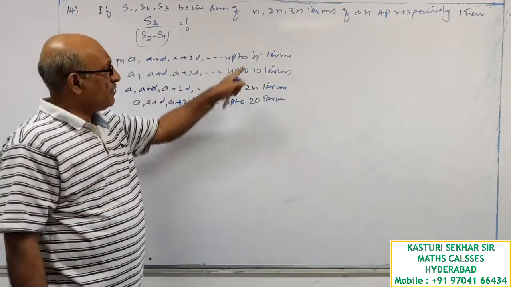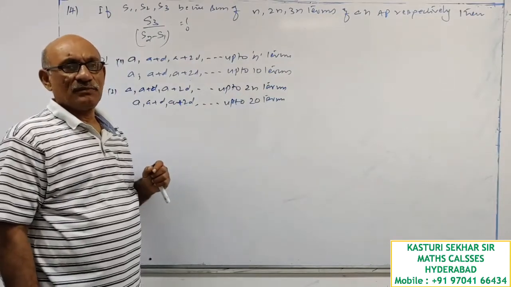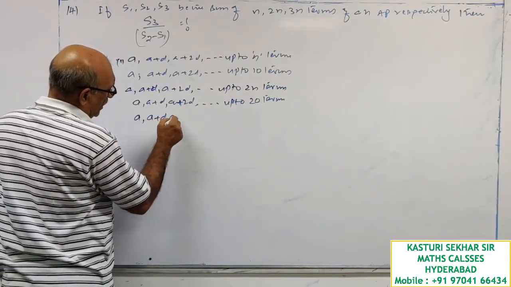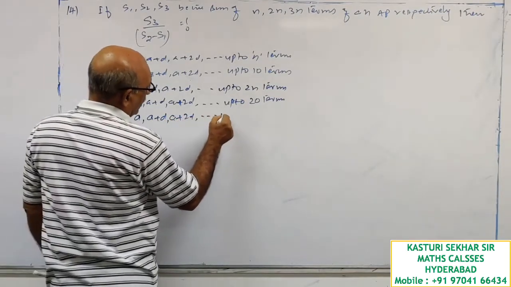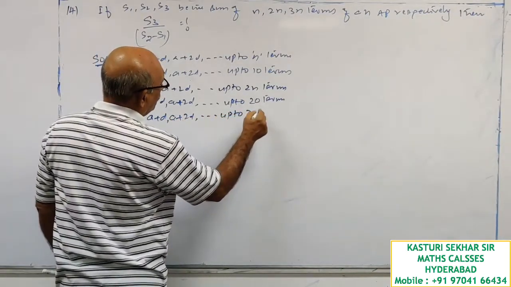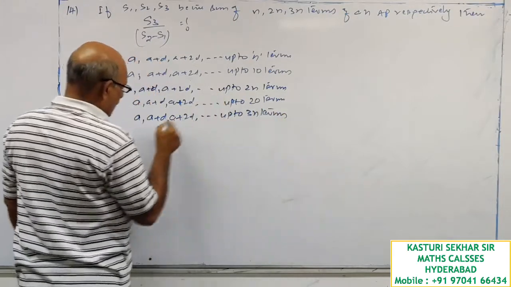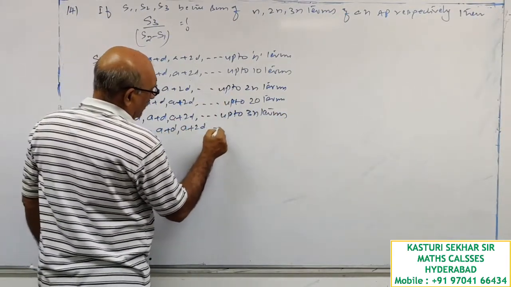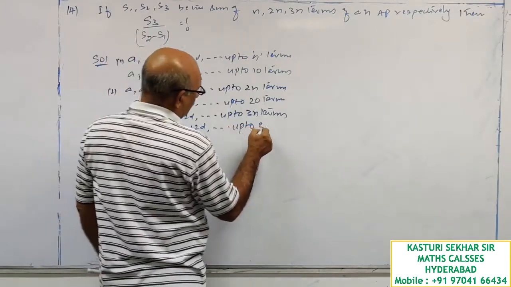So there is a difference between n terms and 2n terms. Similarly, third one is A plus D, A plus 2D, etc. up to 3n terms. So this is A plus D, A plus 2D up to 30 terms.